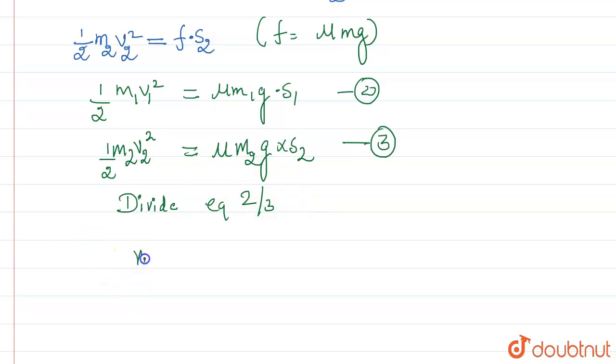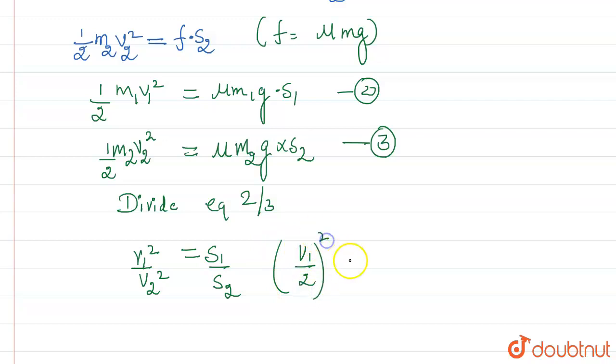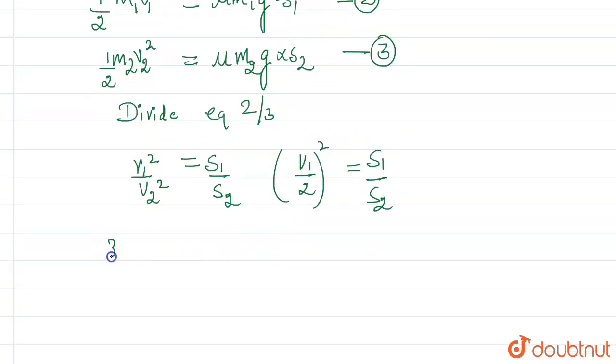You will get the ratio v1 square divided by v2 square equals s1 divided by s2, because all the other values cancel out. So (v1 by v2) square is equal to s1 by s2. Now v1 by v2 is 3 by 1, which we have already derived.